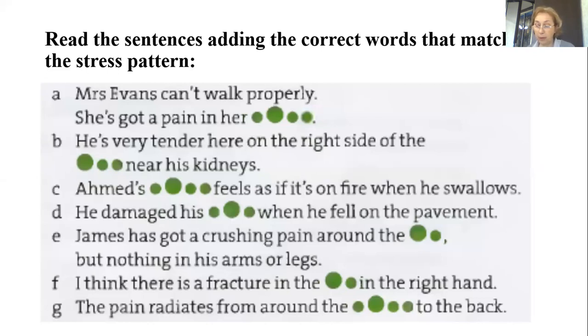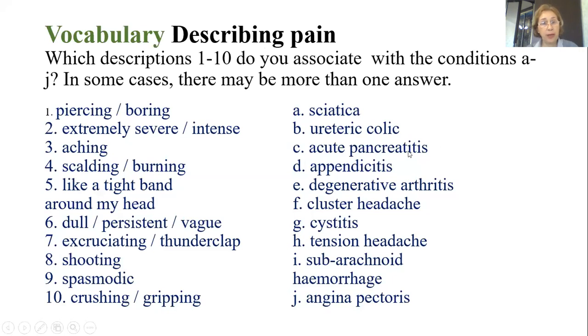Okay. So Rofaida, the last line here. The pain radiates from around the umbilicus to the back. Umbilicus, right, okay. So, if we move to the next slide, it seems more complicated. This is the information where we can find the adjectives that describe the character of pain.